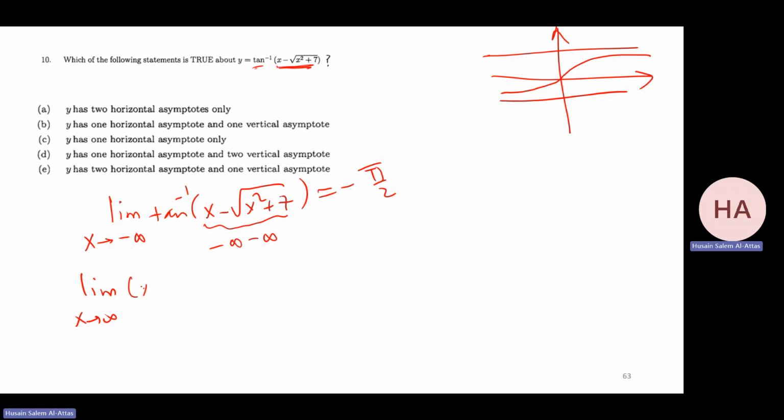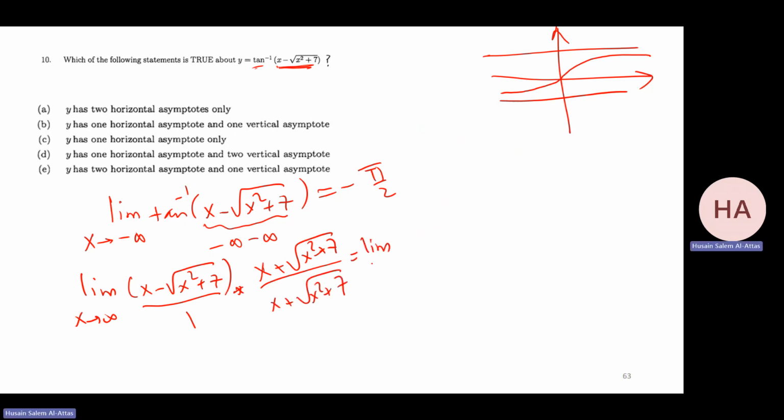The other one, you need to do the long way. First, I need to do this. How to do that? Rationalize. I think it's not that difficult. I think it will be 0. Let me check.